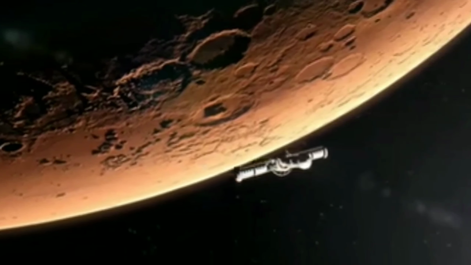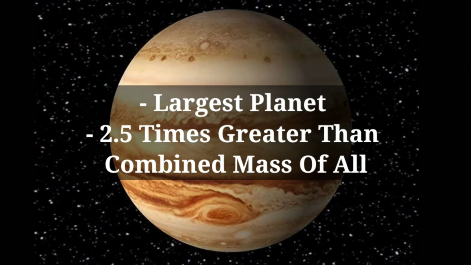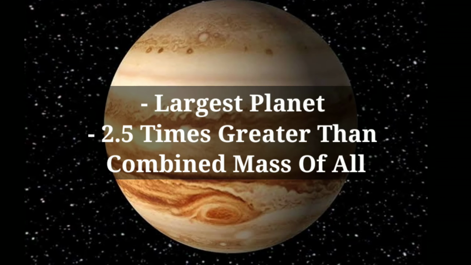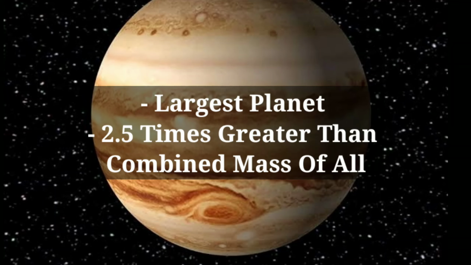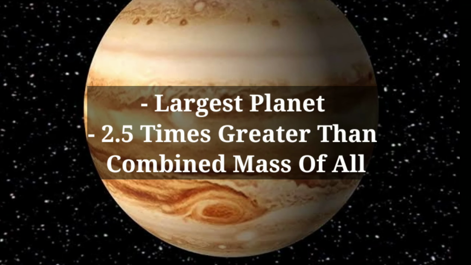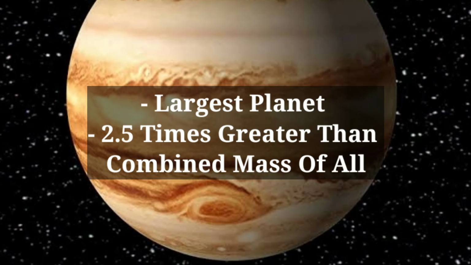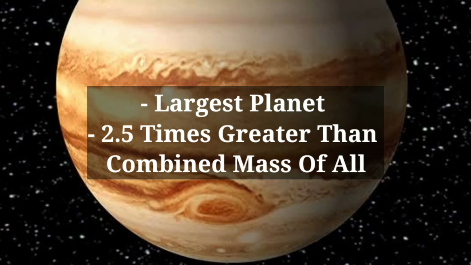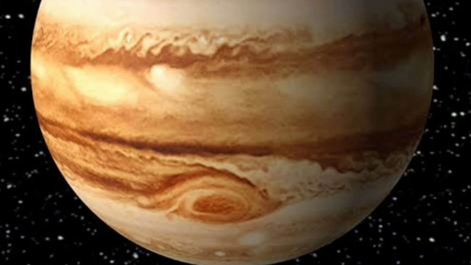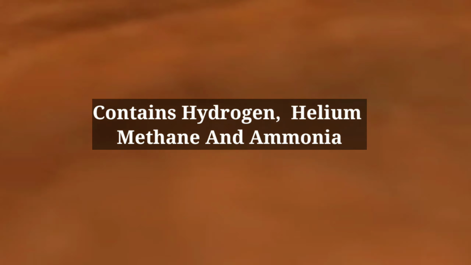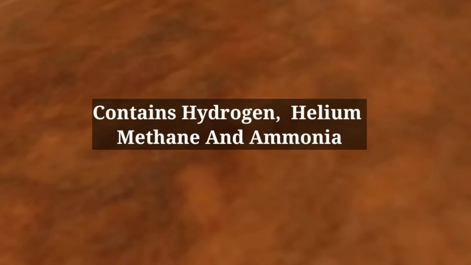Now let us discuss Jupiter. It is the largest planet in the solar system with a mass 2.5 times greater than the combined mass of all the remaining planets, satellites and asteroids put together. It contains hydrogen, helium, methane and ammonia, and the Great Red Spot which we can see on Jupiter.